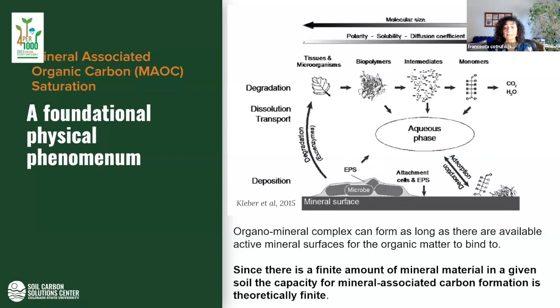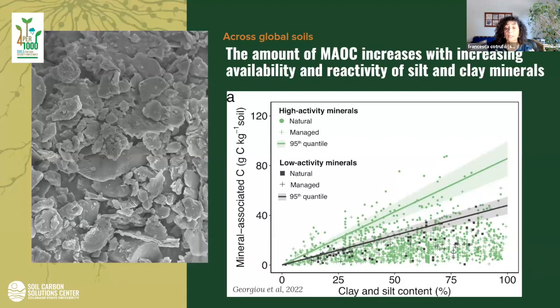So the fact that this is a robust phenomenon is seen over and over by the strong relationship between clay and silt content and their reactivity in soils, and the amount of carbon that we find associated to this fraction of soils. This is one of the latest syntheses.